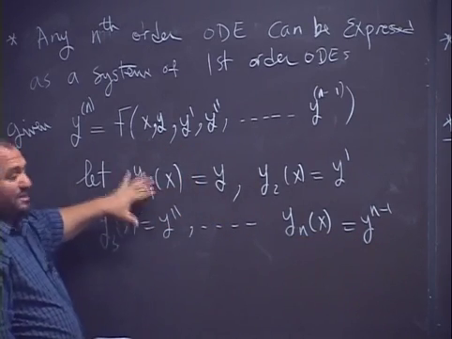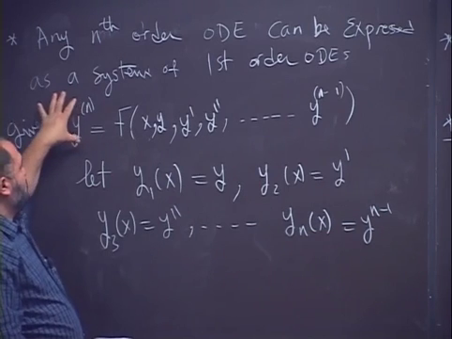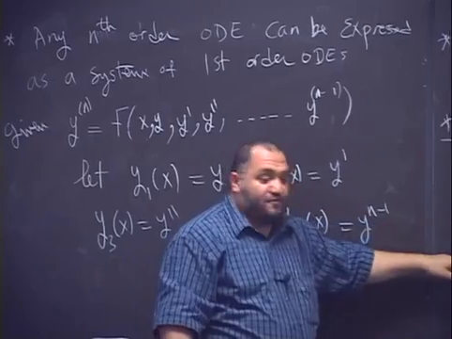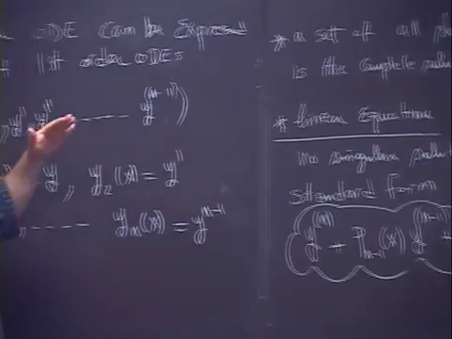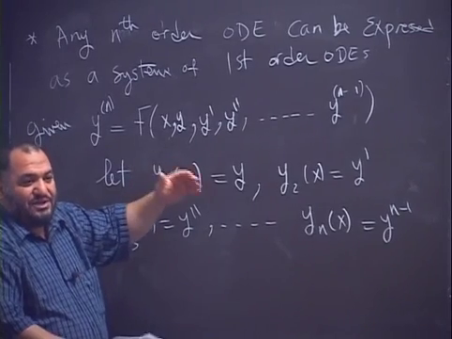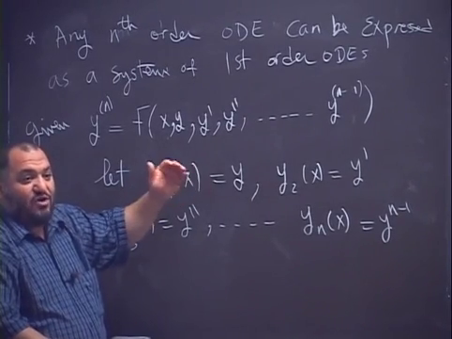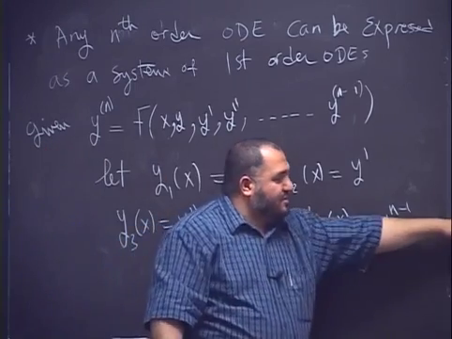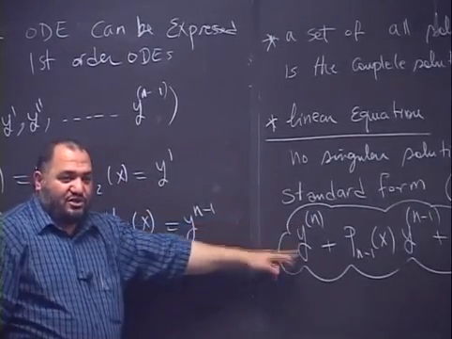Why are we doing this? Our goal is to transform a single nth order differential equation to a set of linearly coupled differential equations of the first order. So this is an nth order differential equation.